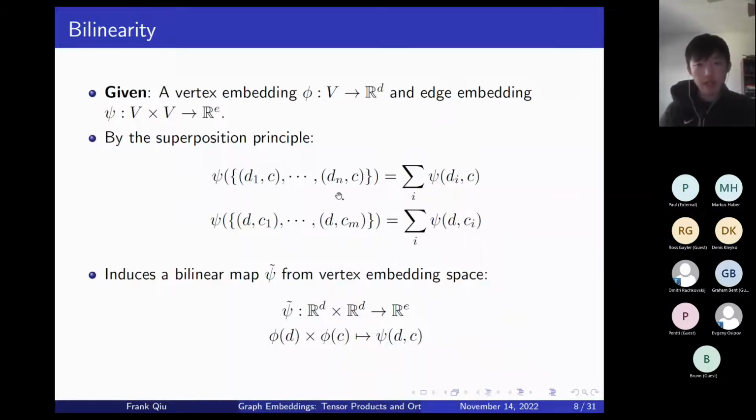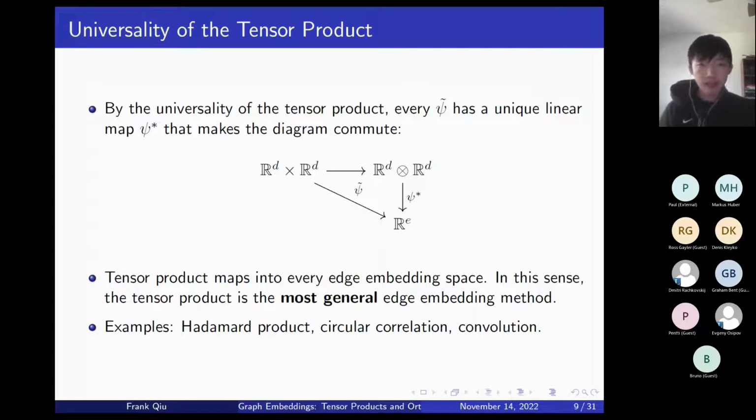These 2 equations together mean that any edge embedding that respects superposition induces a bilinear map from the vertex embedding space via this map. As long as we're talking about bilinearity, the tensor product has a certain property called universality, where every such bilinear map psi tilde can be uniquely linearly derived from the tensor product, with a corresponding unique linear map psi star that makes this diagram commute.